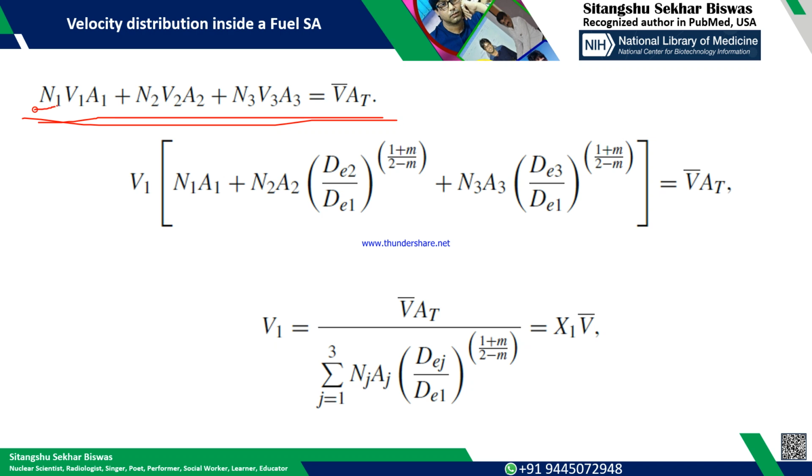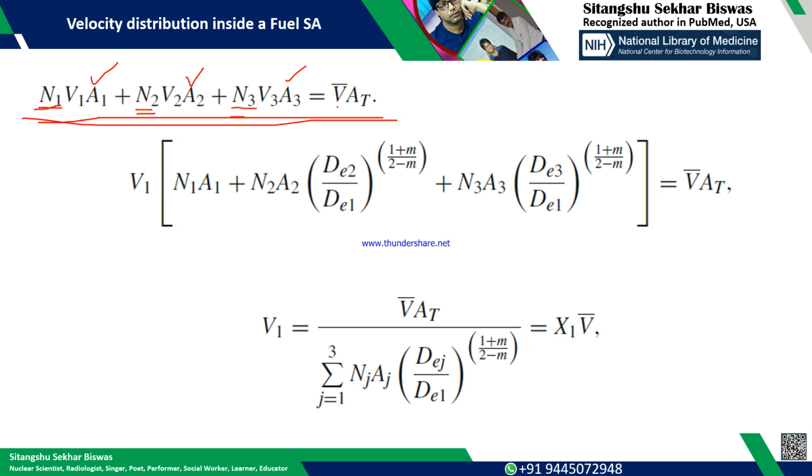This is the number of type 1 channels, number of type 2 channels, number of type 3 channels, okay, and this is the effective area for type 1 channel, type 2 channel and type 3 channel, okay, and this AT is the total flow area for all the channels, okay, that can be calculated.